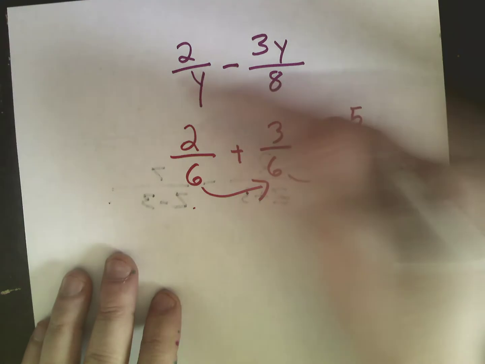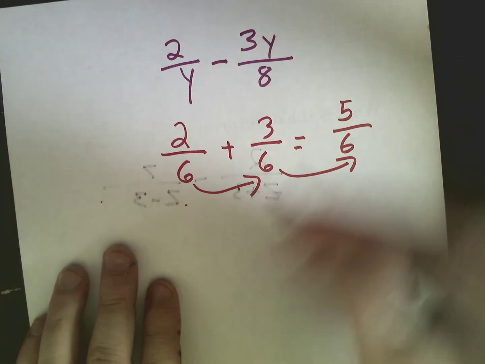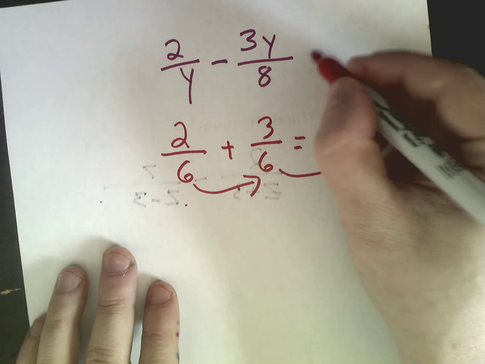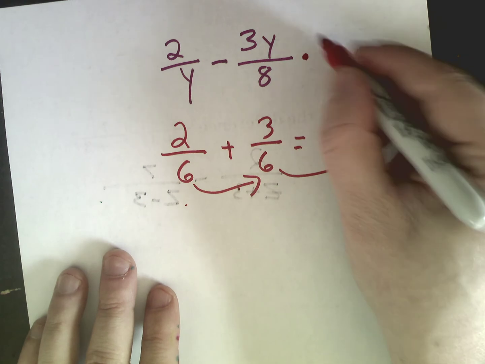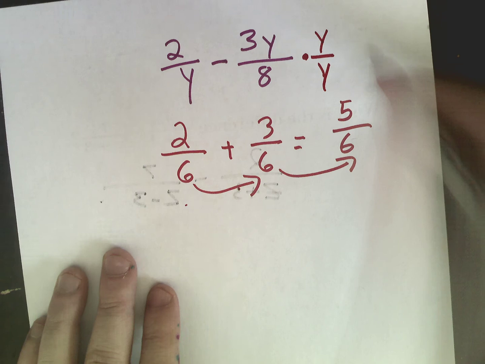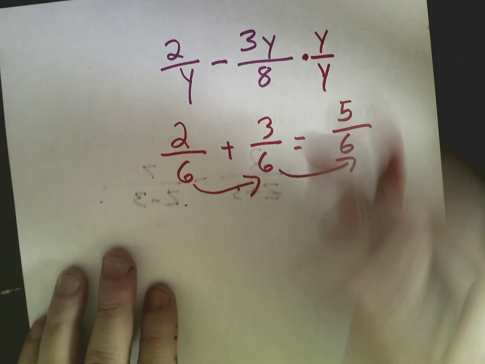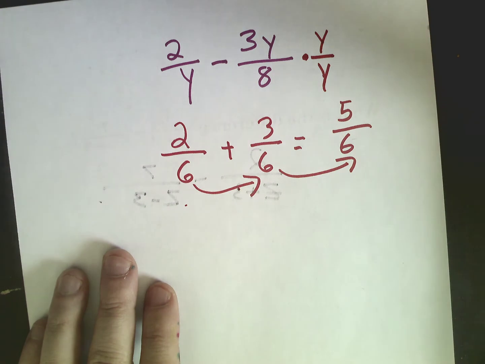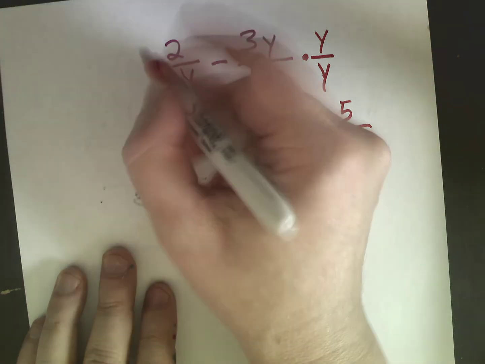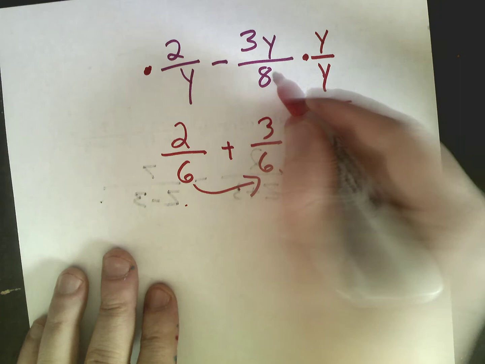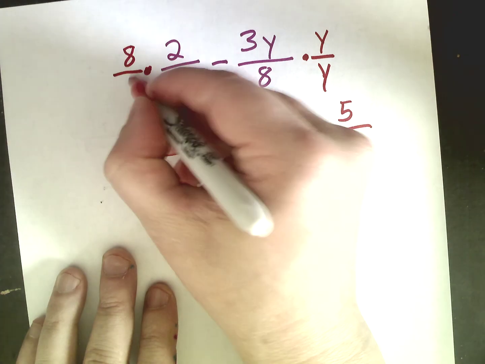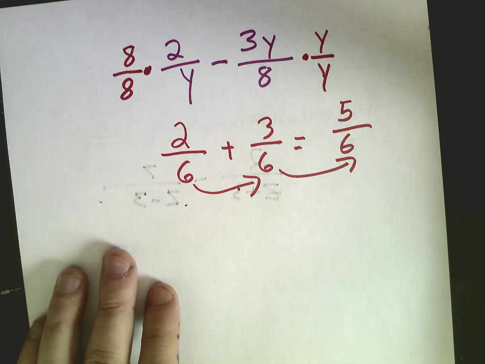We're going to multiply this fraction by y over y, which is just 1. If you multiply anything by 1, it doesn't change anything. So I'm multiplying top and bottom by y. On this side, hopefully you guessed it, I'm going to multiply by 8 over 8, or 1, the same number.